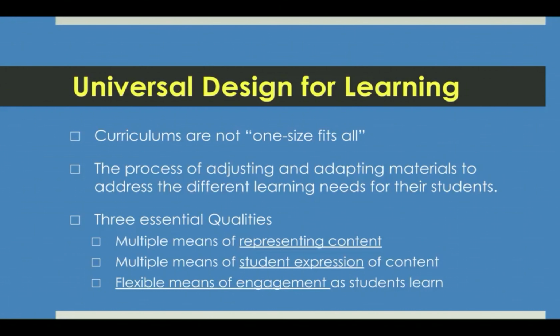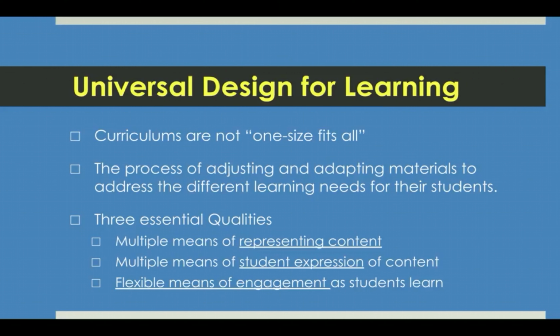So when we think about universal design for learning, we need to first understand that not all of the curriculums are going to be one-size-fits-all. There are going to be some materials and content that is not accessible for some learners. And so we need to develop a process of adjusting that material and adapting that material so that students who have different learning needs can still access the curriculum.